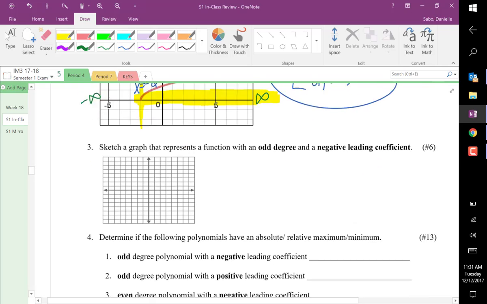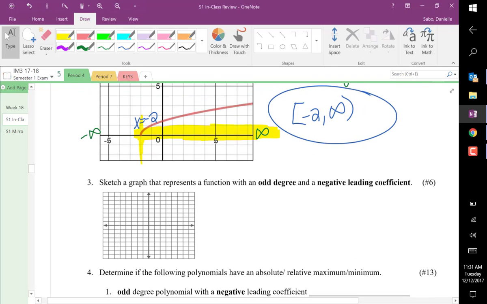Okay, next one here. Sketch a graph. This is just practice of you understanding what even and odd meant again. So sketch a graph with an odd degree. Let's talk about that before we move on. Odd degree functions: are they the same arrows going up and down, or are they opposite arrows? Opposite. So I'm going to put that down just so that you can study that. It's technically called end behavior.